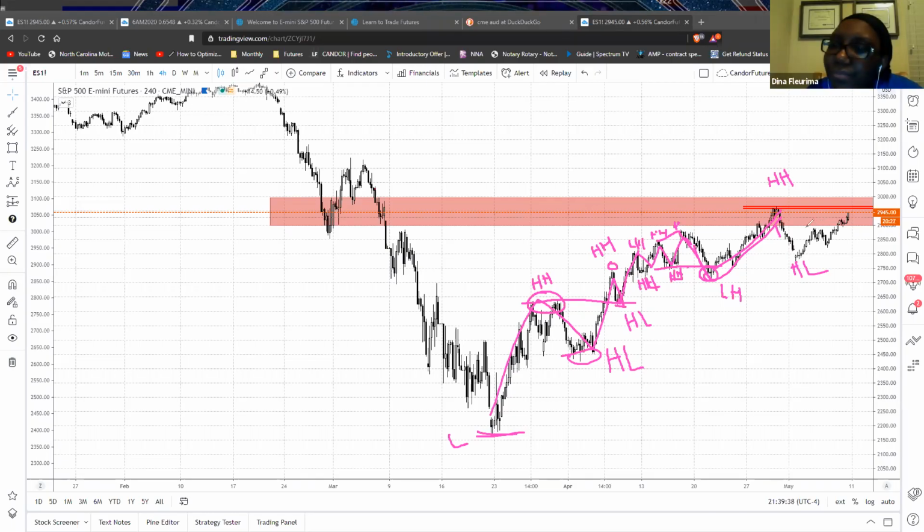No, because it didn't break this higher high. So this is a lower high. Lower high. And by the way, this was not a lower high. This is a lower low. This is a lower high.